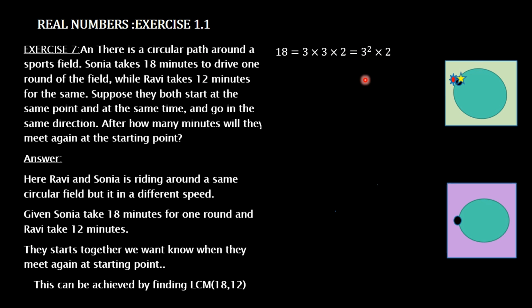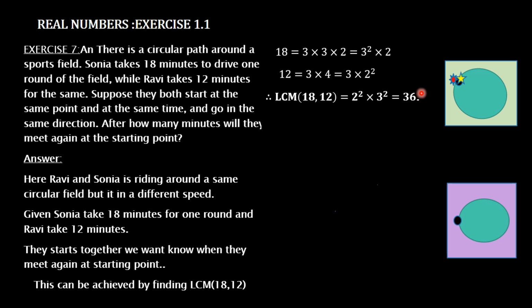Then 12 is 3 into 2 square. LCM is the highest power of the prime factors. Here 3 square is the highest, 2 square is the highest. Then LCM equals 36. So after 36 minutes, they will meet each other.